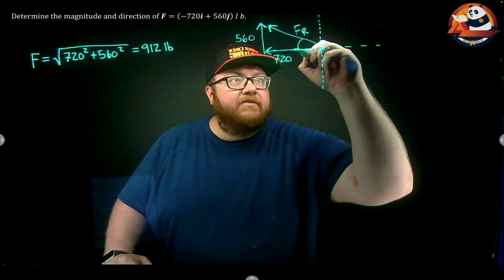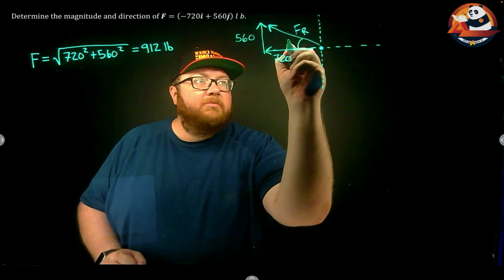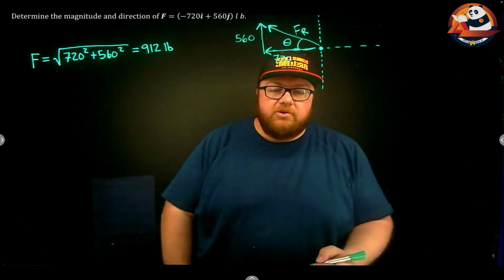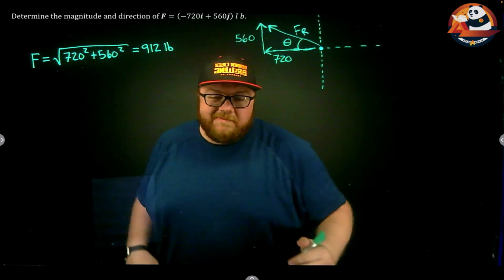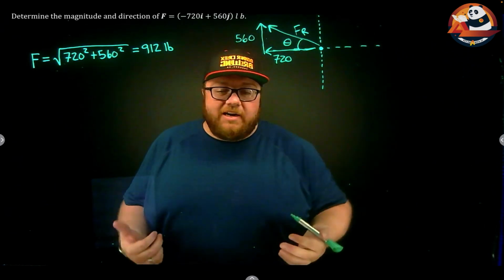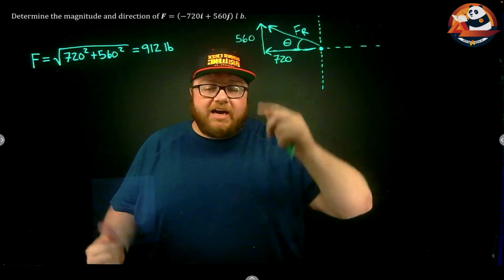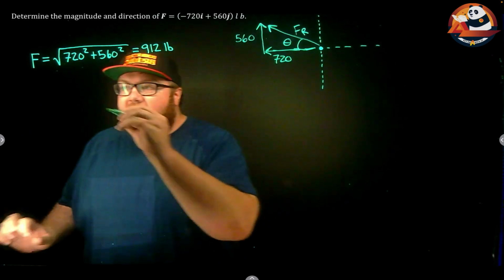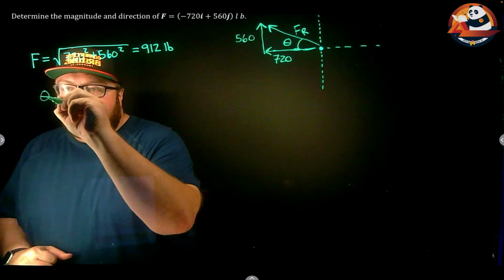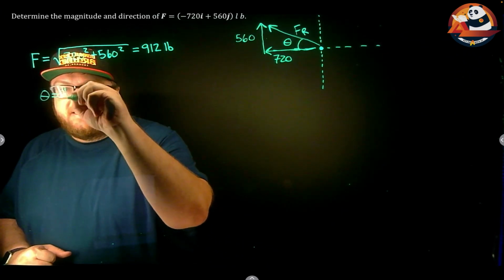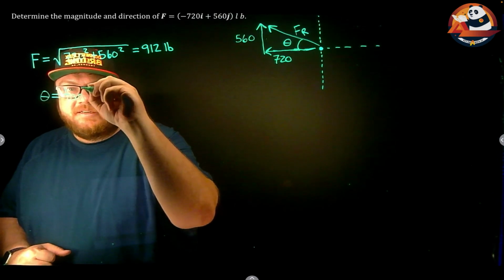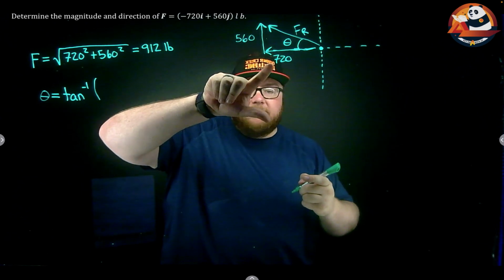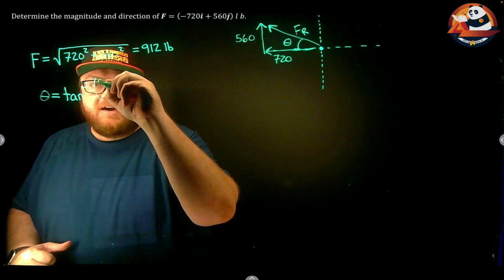My angle, if I put everything in as positive, will be this one right here, measuring from the negative x-axis up to FR. As we move forward, we're always going to want an acute angle to work with, so this is the most beneficial angle for us to find anyway. I can get that using the inverse tangent. Theta is the inverse tangent of opposite, 560, divided by adjacent, 720.